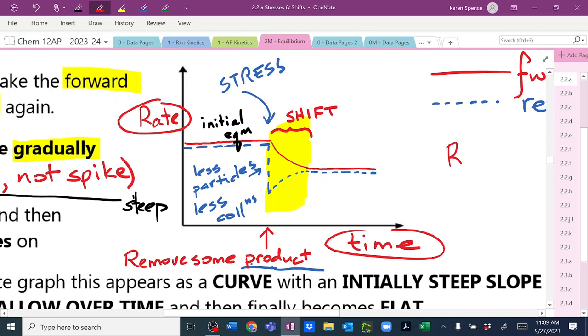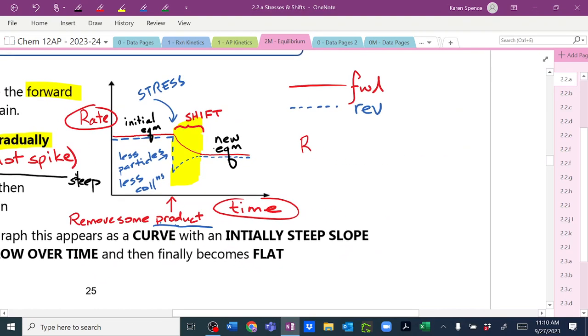And then finally, what do we have when the lines are equal again? We have a new equilibrium. Now, one thing I would like you to take notice of is that, where could I draw this that it would be good? Okay, over here. We do not see this.